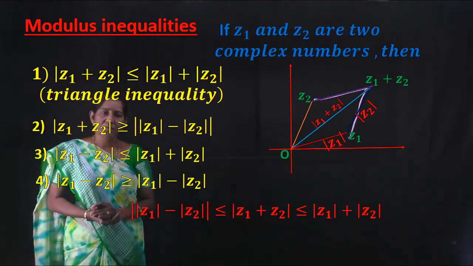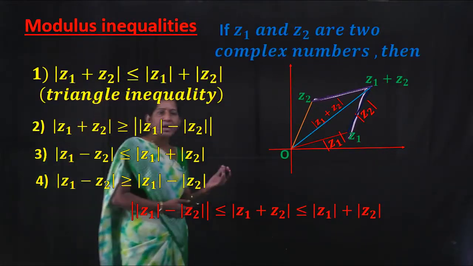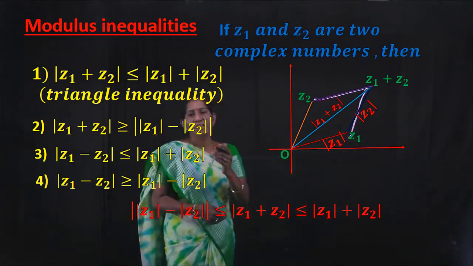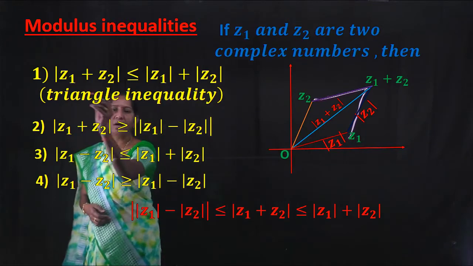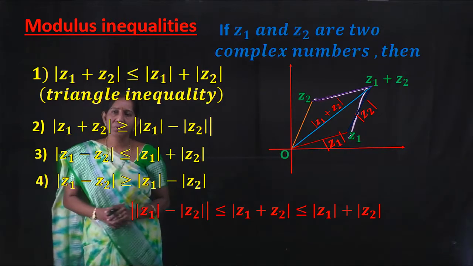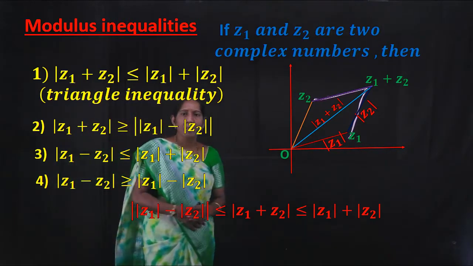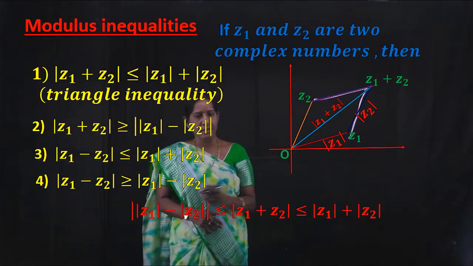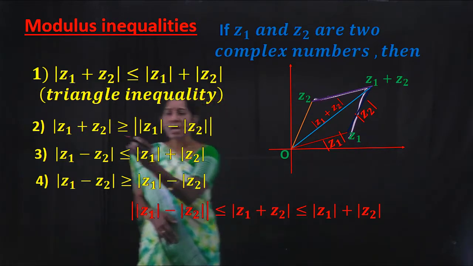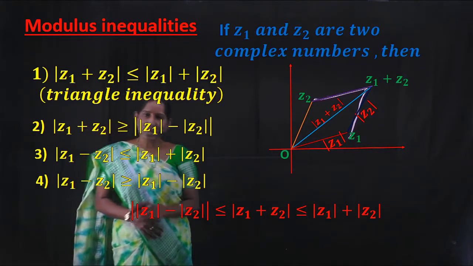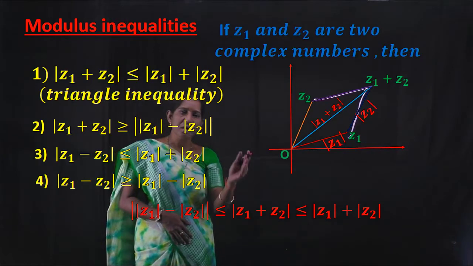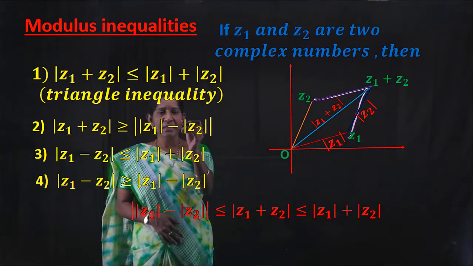Modulus inequalities. If Z1 and Z2 are two complex numbers, then first one is modulus of Z1 plus Z2 less than or equal to mod Z1 plus mod Z2. This is called triangle inequality. And second one is modulus of Z1 plus Z2 greater than or equal to modulus of mod Z1 minus mod Z2.